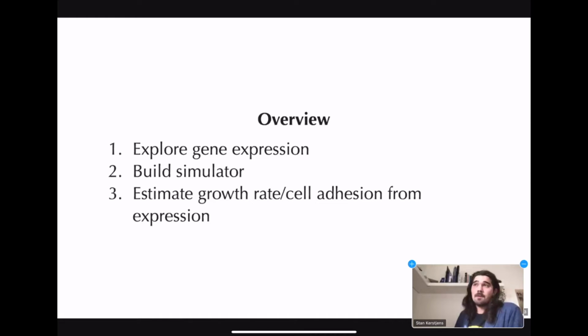So yes, existing simulators could take into account gene expression. It depends just on how you configure it all. And the simulator that we can build can take into account dynamics of gene expression, but that's a whole kind of level of complexity that you must be willing to go into.